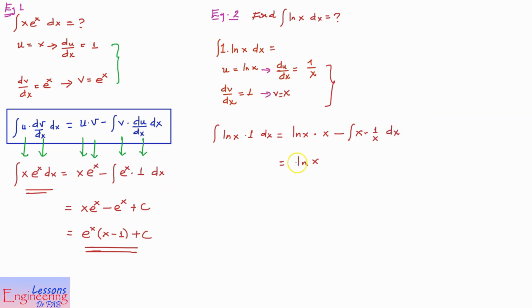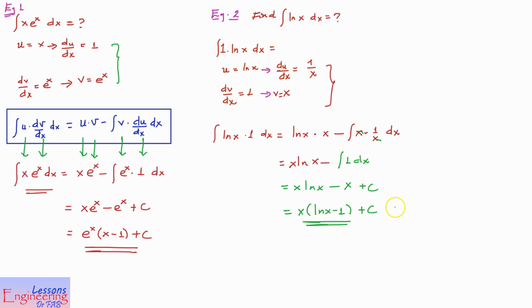Okay, this is x times ln x minus integral of x times 1 over x. Okay, that will divide and we'll have the integral of 1 dx. So this will be x ln x minus x plus constant. If you take x as a common factor, this will be x times ln x minus 1, plus constant.